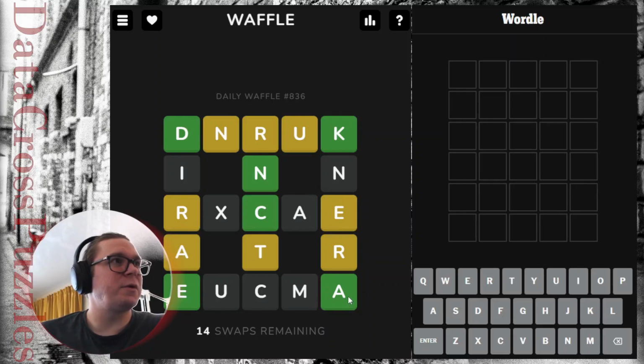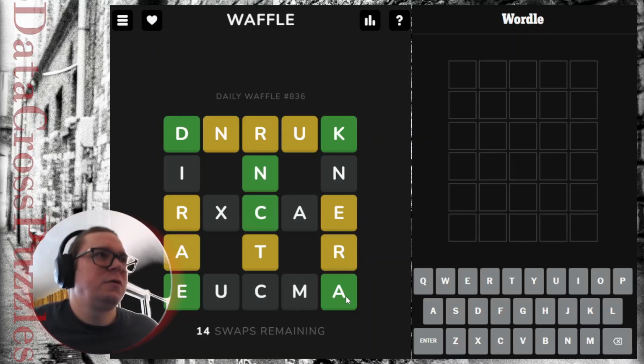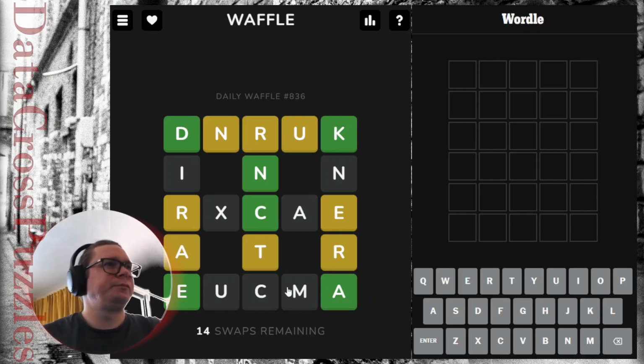So the bottom here, what words start with E and end in A? 5-letter word. Maybe it's an EX word. Extra. It's got to be extra.